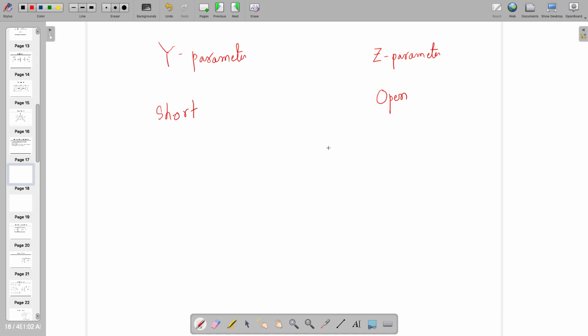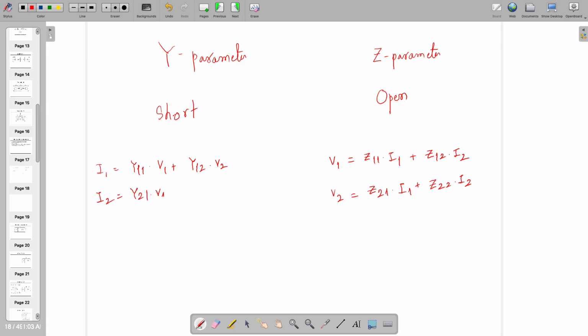Okay, so you are saying that in the Z parameters, V1 and V2 are dependent variables, and you are writing V1 equals Z11 times I1 plus Z12 times I2, and V2 equals Z21 times I1 plus Z22 times I2. Similarly, you are writing I1 is equal to Y11 times V1 plus Y12 times V2, and I2 is equal to Y21 times V1 plus Y22 times V2.